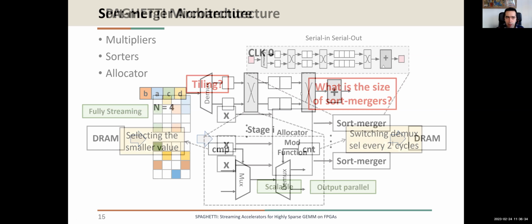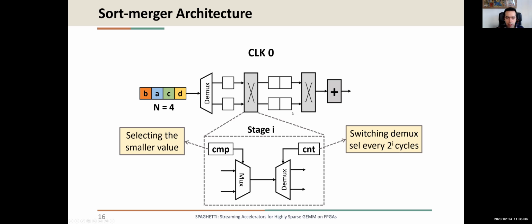Let me first talk about the sorter and merger architecture. So this is a 2-stage sorter, and we have an accumulator or a merger in the end. This is similar to binary sort, but it has been flattened out. So we have 2 stages here.